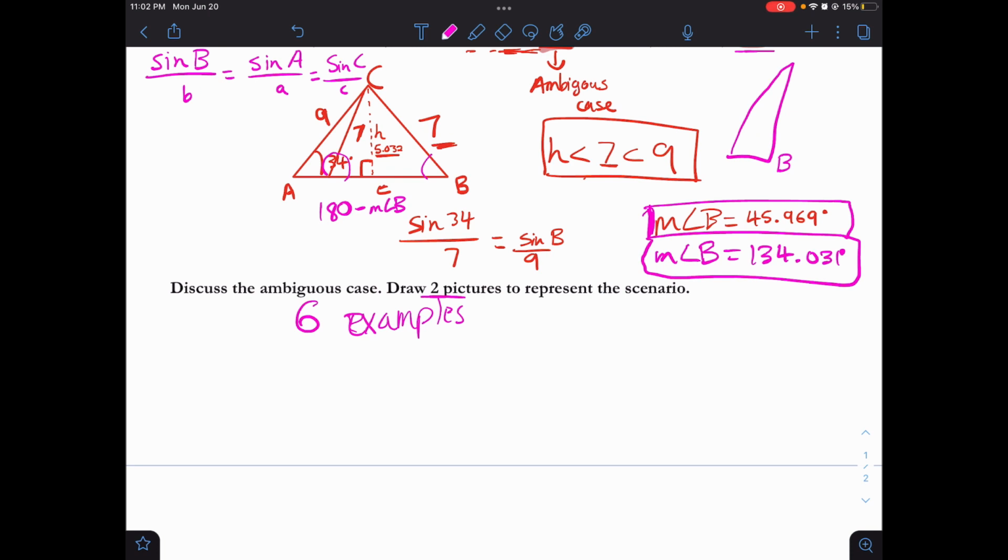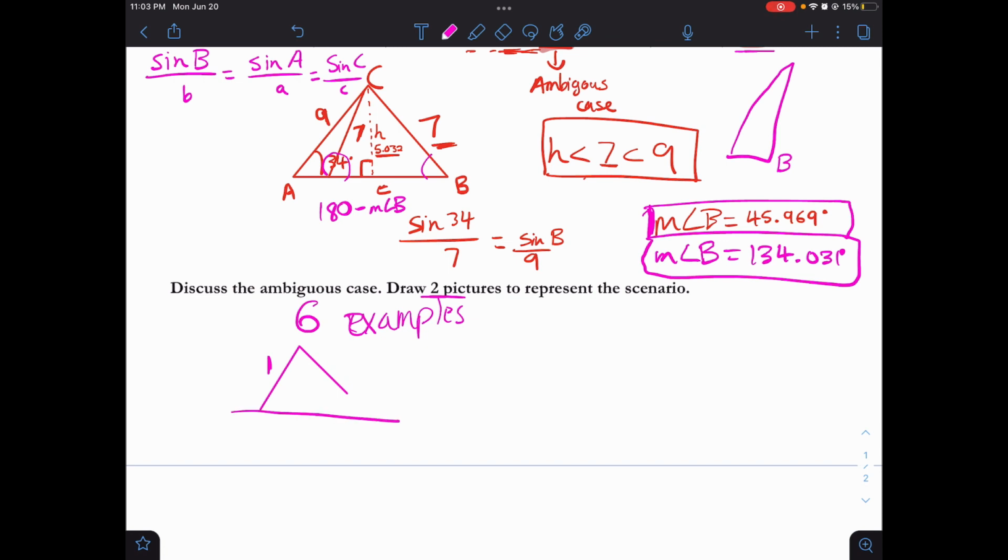So we're going to draw something which has no solutions. Let's say this is 1, right? And then we have a triangle right here.